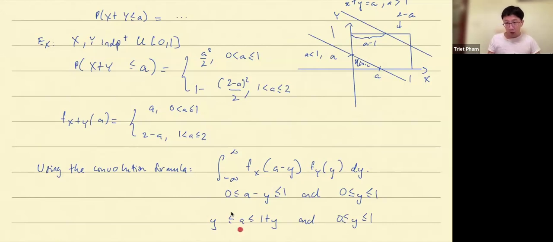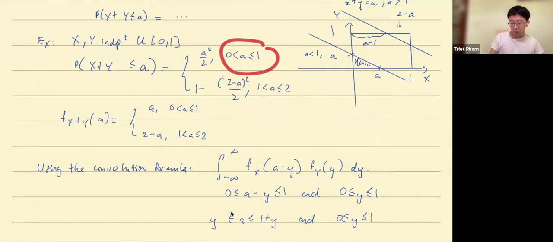If a is less than 1, then this is automatically satisfied because y is between 0 and 1, and we only have to look at this part. But if a is bigger than 1, then this is automatically satisfied, and we only have to look at this part. And that's why there is a division of the range of a between 0 and 1 and 1 to 2.